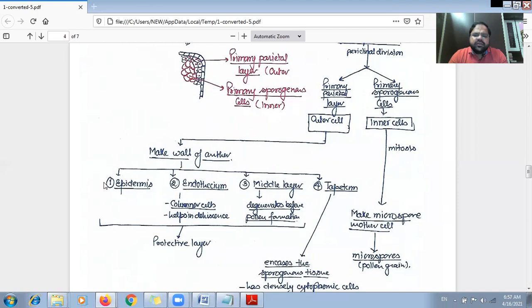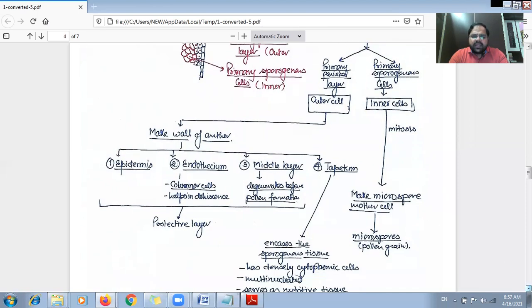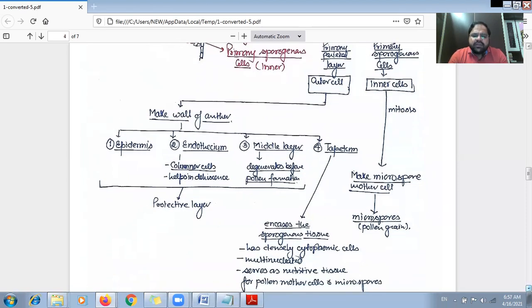The fourth layer is called the tapetum, which provides nutrition to the microspore. These cells have dense cytoplasm and are multinucleated. So all these four layers have specific functions.